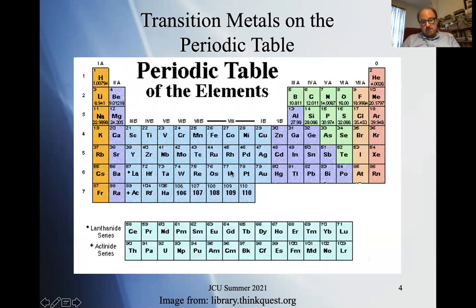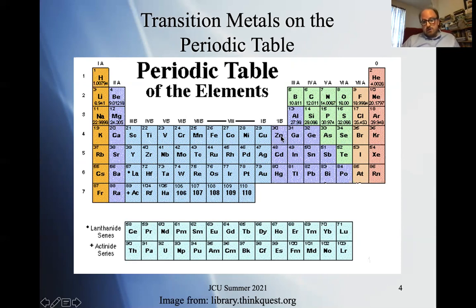So here we have this periodic table, which is color coded, and we can see that the first 9 families of the D block are in this Columbia blue color, because they're all considered transition metals. At this point, this periodic table is quite out of date because we have more than 110 elements now, although the ones at the bottom aren't super relevant to what we talk about since they're not very stable.